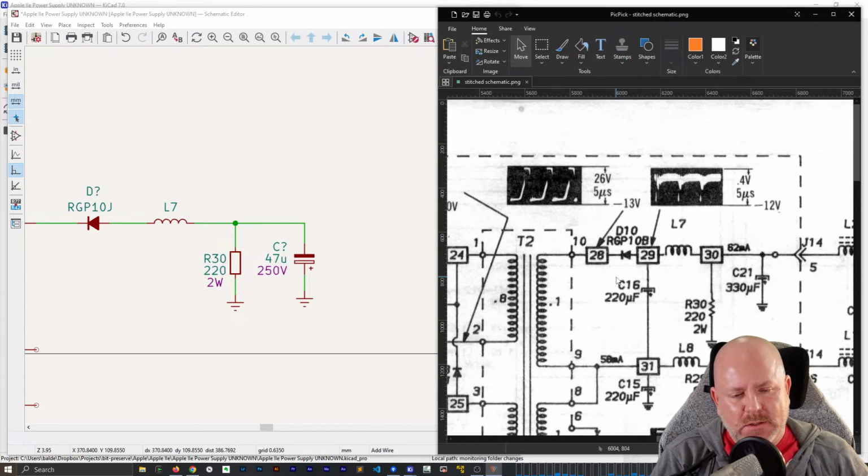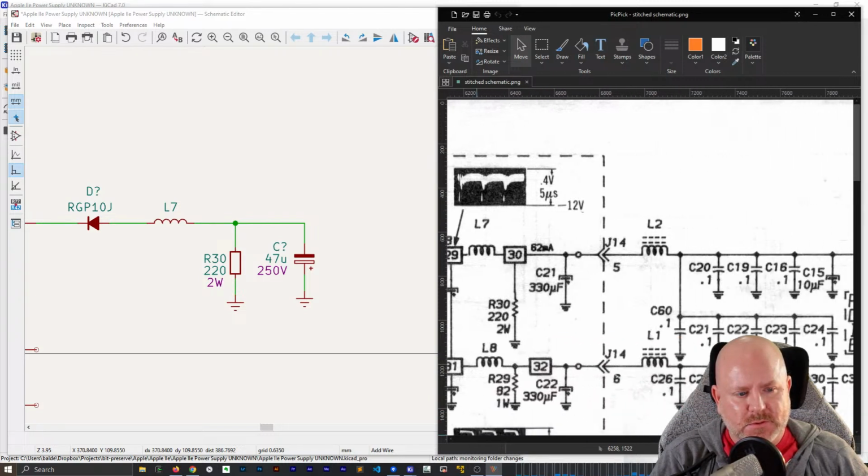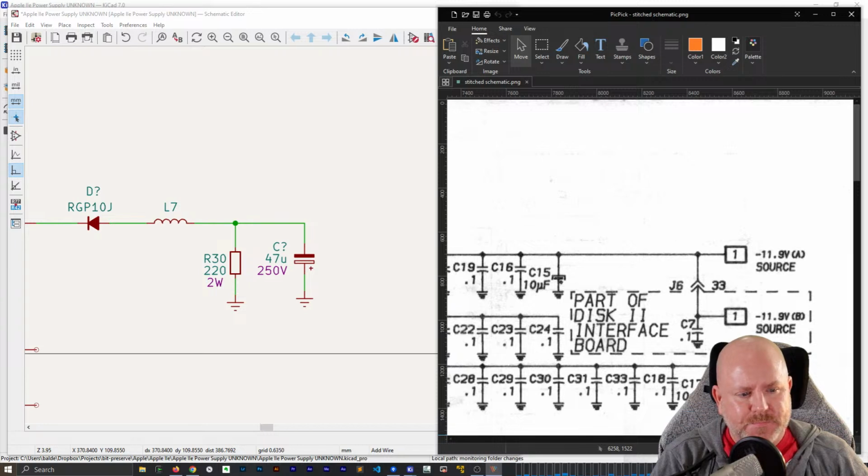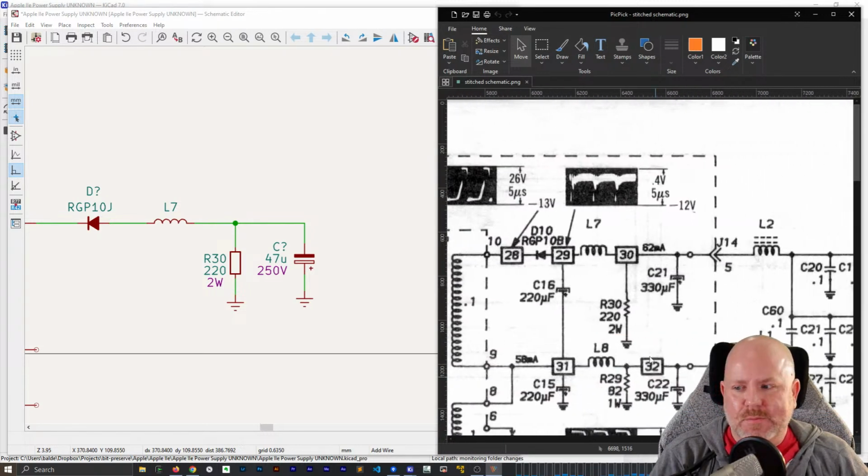I wonder about something else. Yeah, I guess that's what they're doing. I guess this is supposed to be the negative 12 volt supply. Duh. Yeah, that's what they're doing. Okay. Never mind.